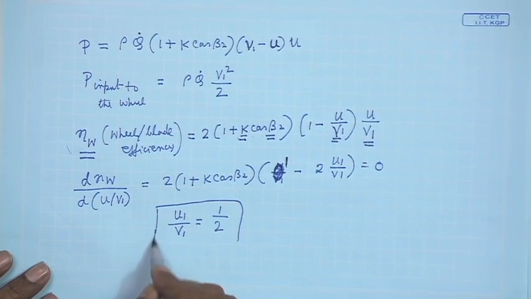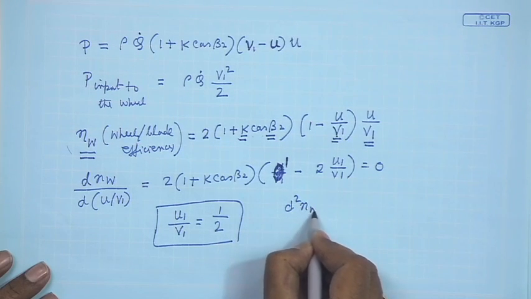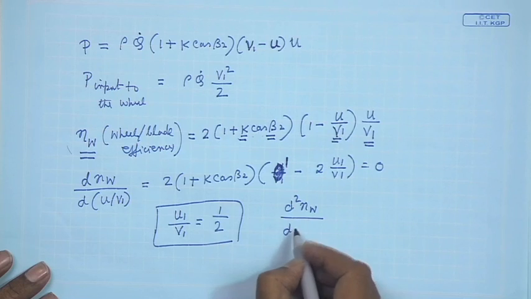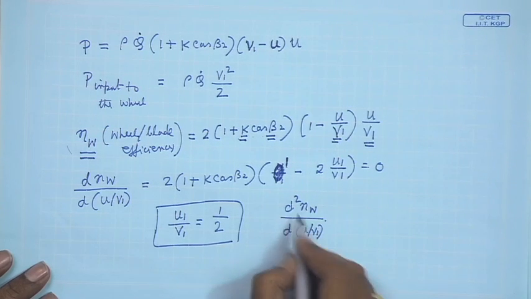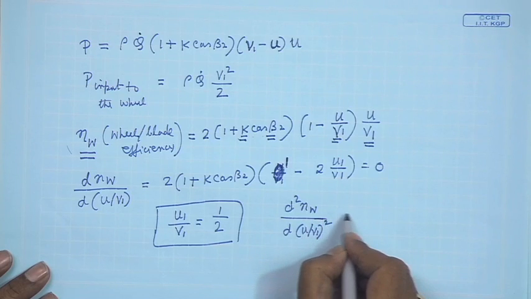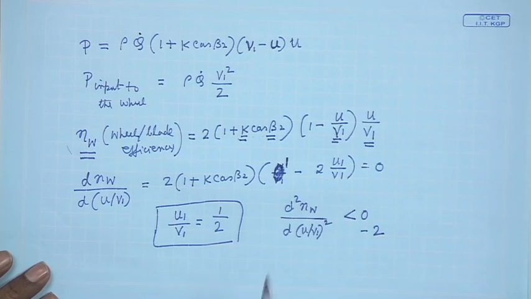So, this is the value, and if you take the second derivative, you see it is negative. The second derivative, d square by d(u by V 1) square, is less than 0 because it is minus 2. So, therefore, it has a maximum.